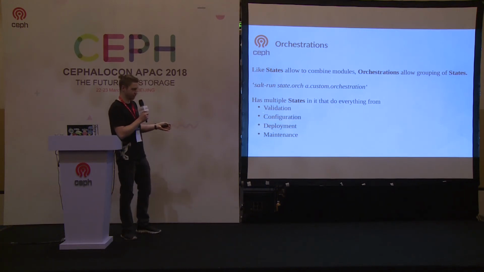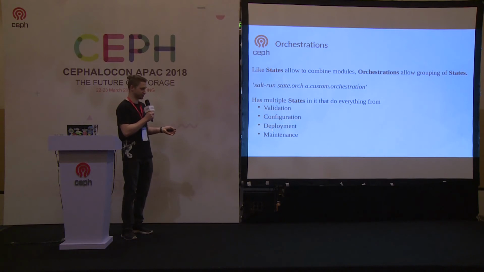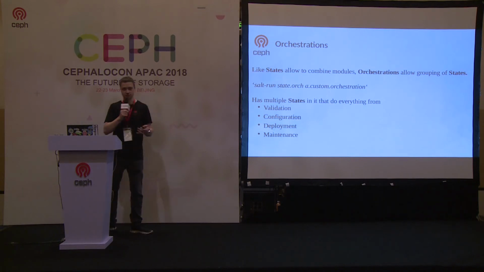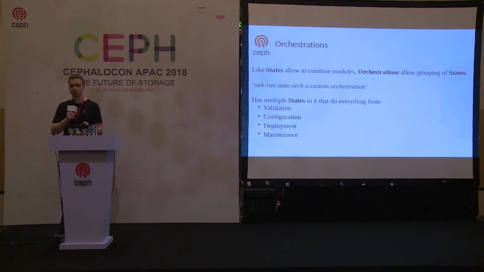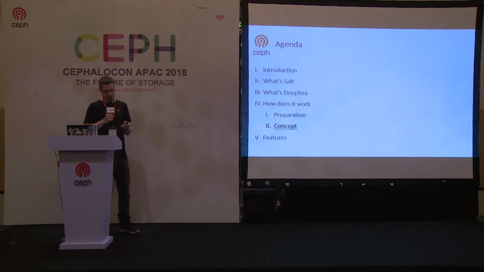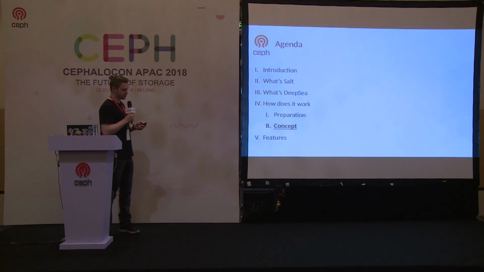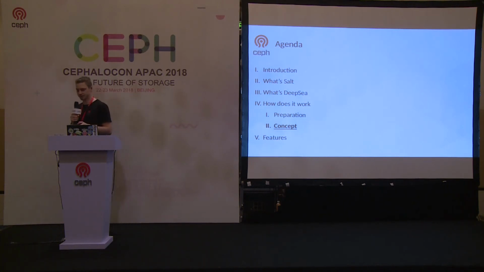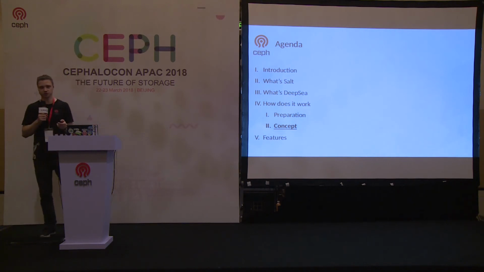These states can be a validation, a configuration, a deployment and a maintenance. And voila, you have basically everything that you need to deploy a cluster. So with this kind of toolbox, we came up with a concept that makes it very easy to deploy a cluster.